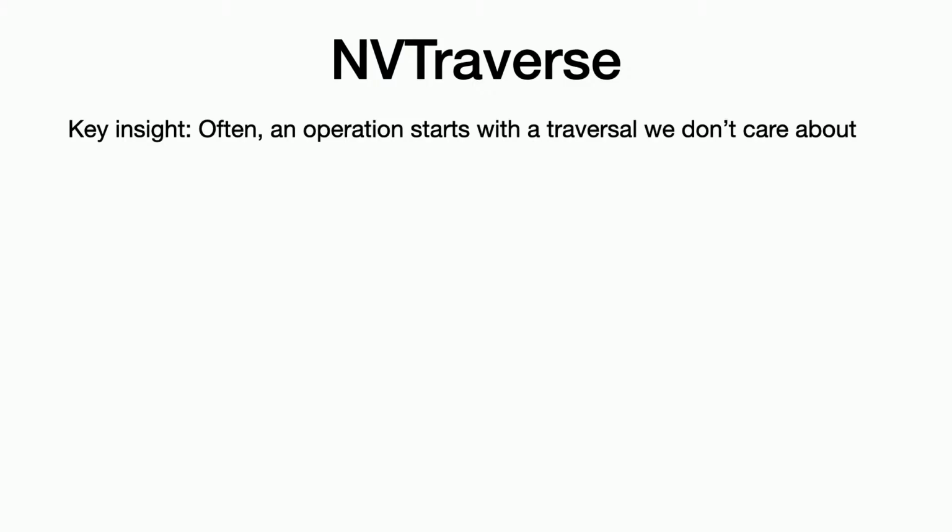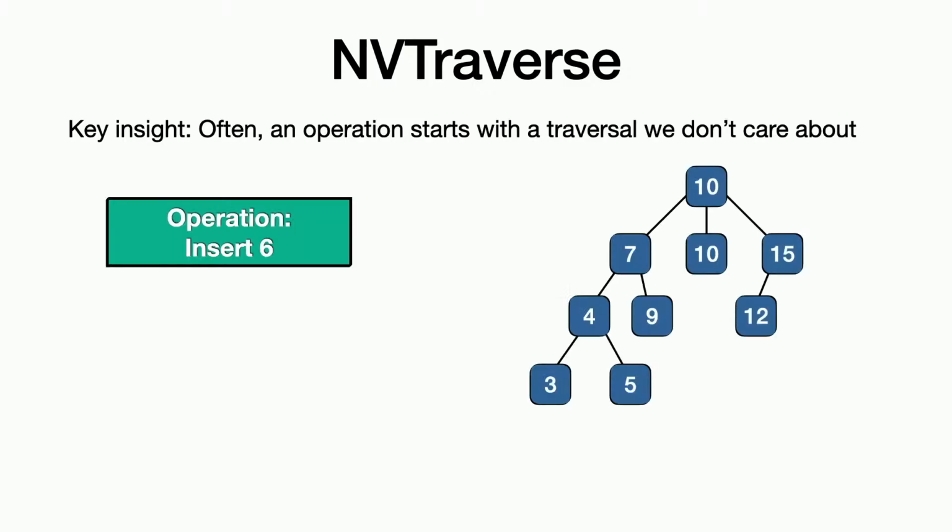The idea is that if we have pointer-based data structures, we often start with a traversal before we get to the place we want to modify. So if I have a tree, I want to insert 6, I traverse down the tree first, and then I discover the place I want to make my modification. Now in this traversal, if, say, this node was 8 instead of 7, I really don't care.